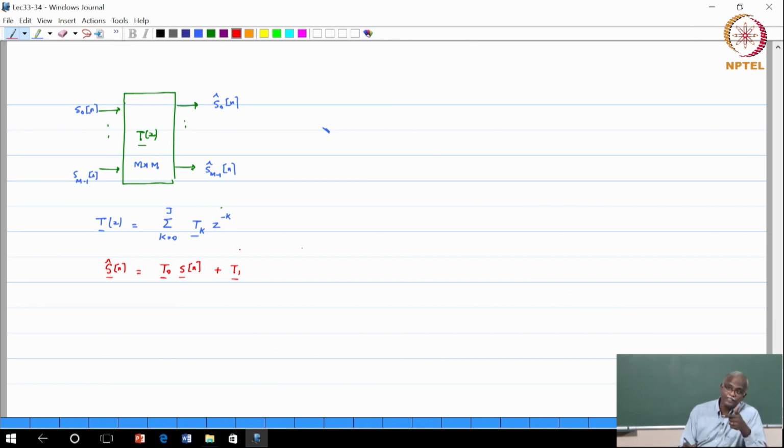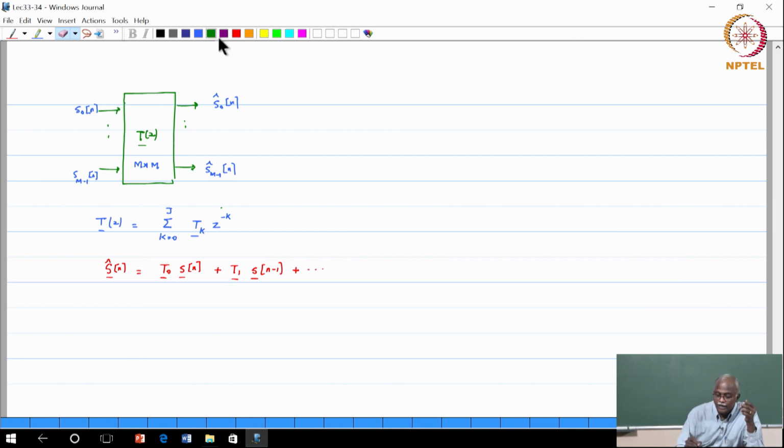Now what will this combine with? It will not combine with the current input vector, but it will correspond to the previous input vector. So that would be S of n minus 1, the previous input vector that was applied to the system, and so on. So basically this way of visualizing is also important.